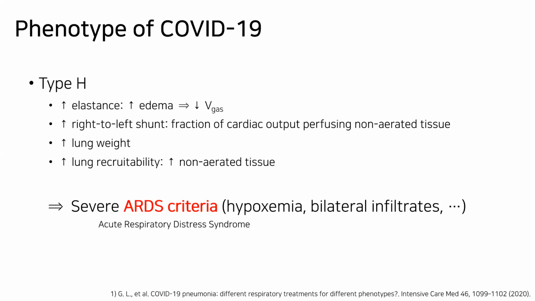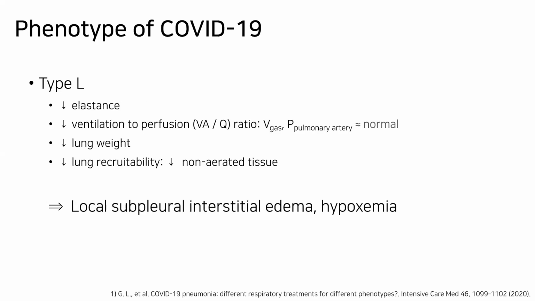I mentioned ARDS as acute respiratory distress syndrome. For type L, the elastance and VA/Q ratio is very low, so the patient and a normal person do not have that much significant difference between them.